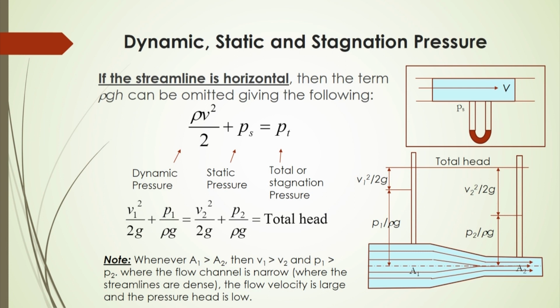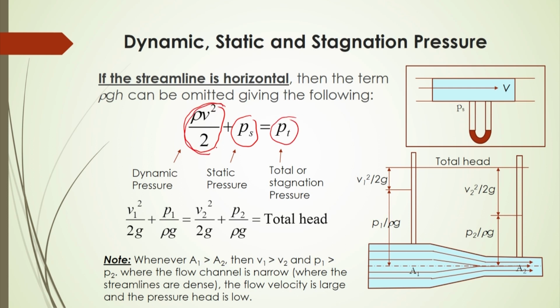So, in that case the potential energy difference will be 0. And if we consider the Bernoulli's equation there, it will be rho v square by 2 plus p, where potential energy is equal to 0, and that will be equal to the total pressure.